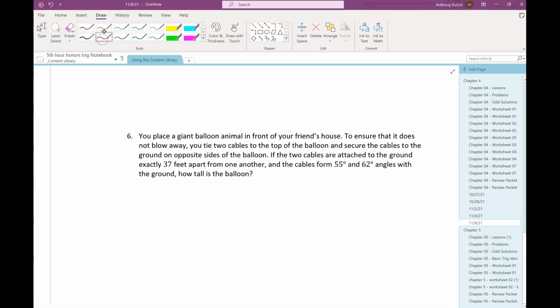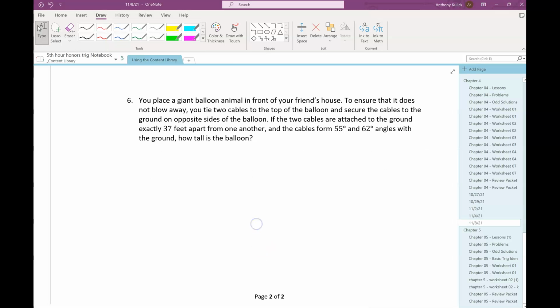That's so nice of you. To ensure that it does not blow away, you tie 2 cables to the top of the balloon and secure the cables to the ground on opposite sides of the balloon. If the 2 cables are attached to the ground exactly 37 feet apart from one another, and the cables form 55 and 62 degree angles with the ground, how tall is the balloon?